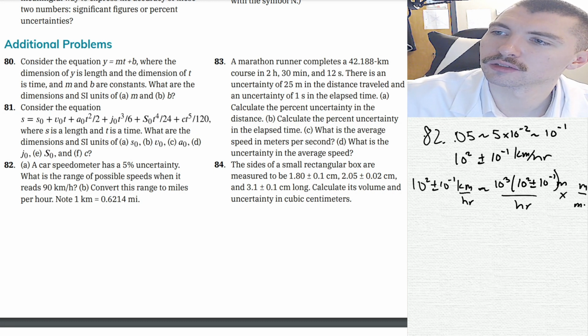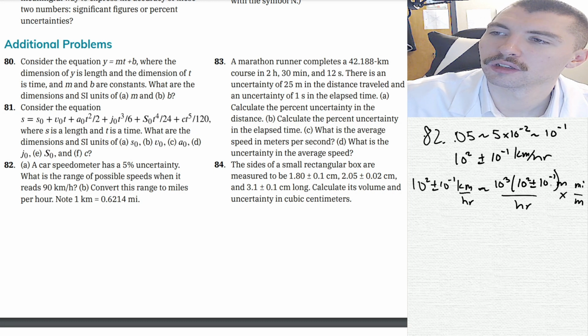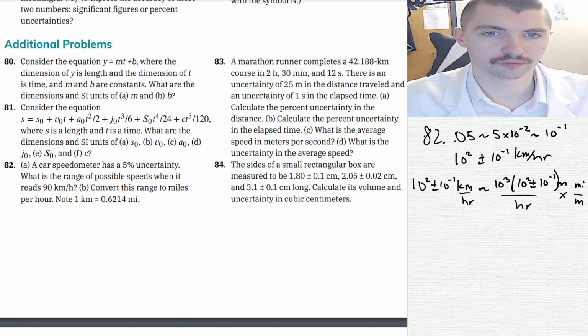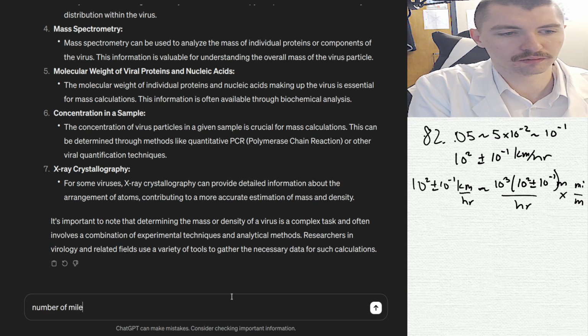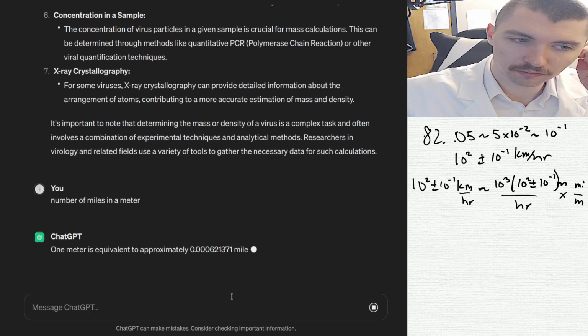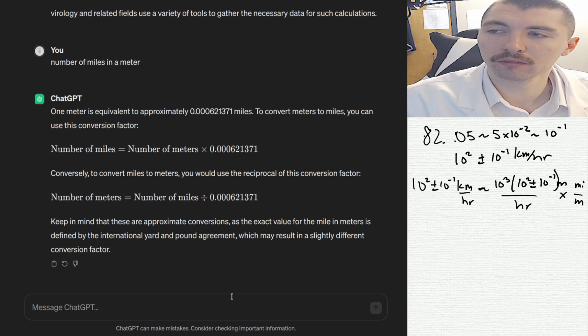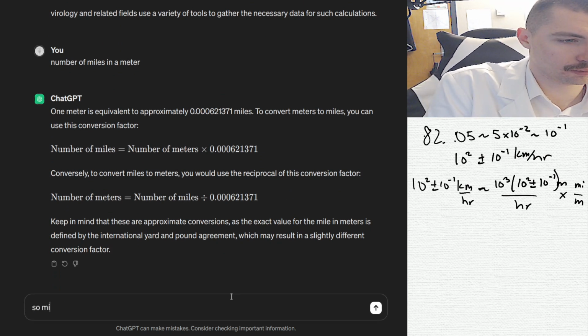No. How many miles are in a meter? So miles over a meter is what?